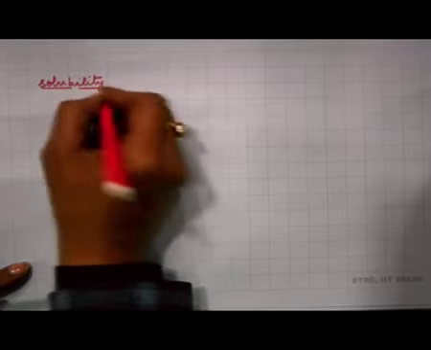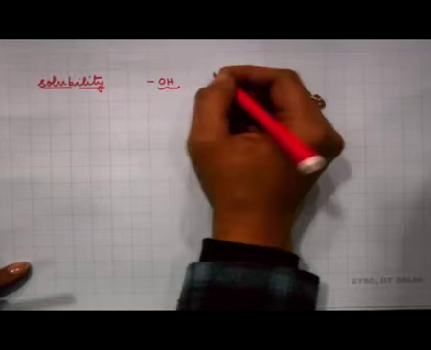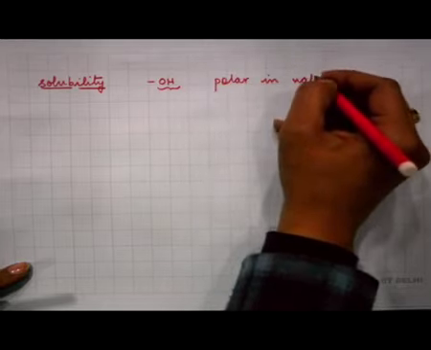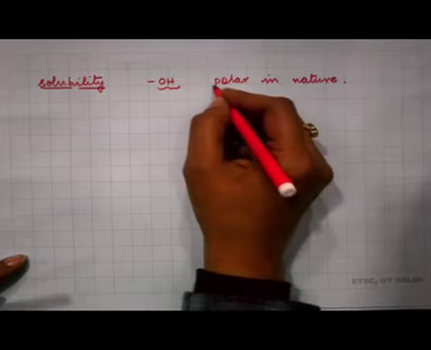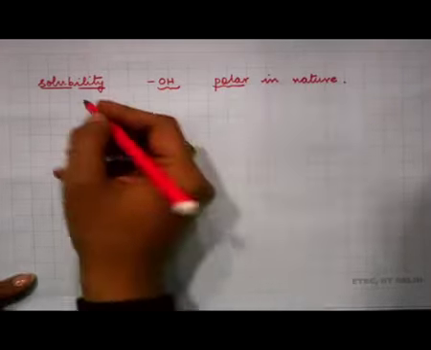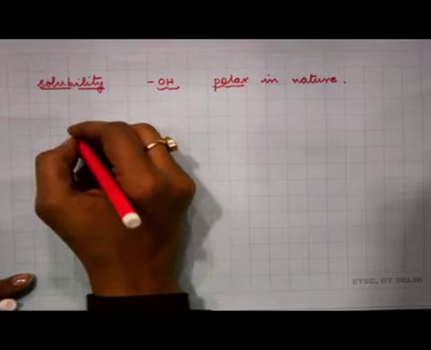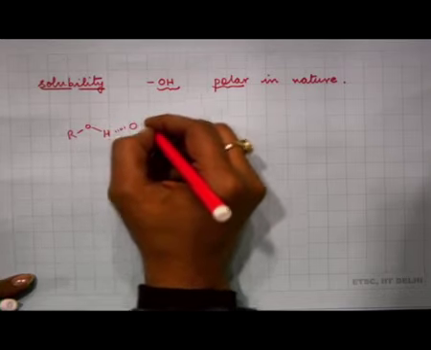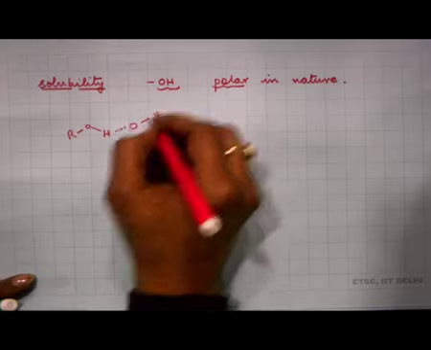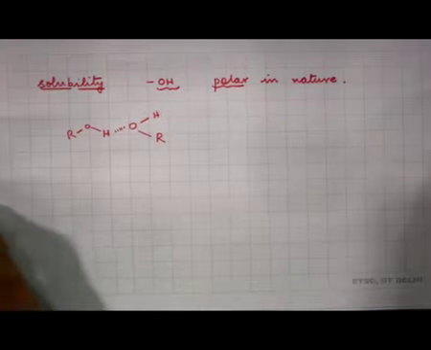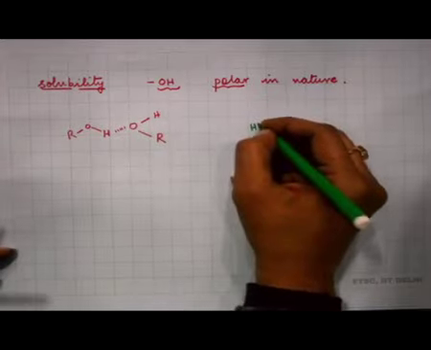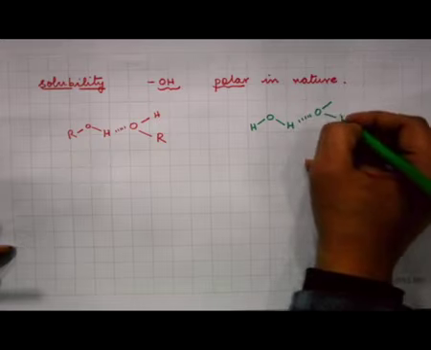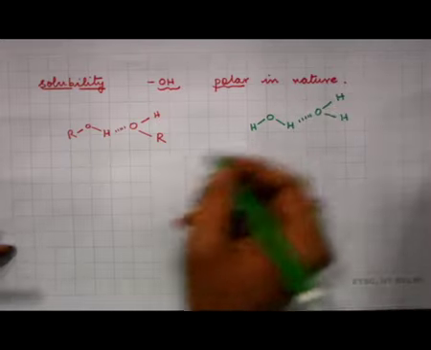So, by virtue of the hydroxyl groups, these compounds are polar in nature. They are polar in nature, and as we know, if there is a polar compound, it will be soluble in a polar solvent. So, in the original form, these alcohols exist as hydrogen bonded associated liquids, and if we compare it to the structure of water, which also has intermolecular hydrogen bonding, both are polar molecules.